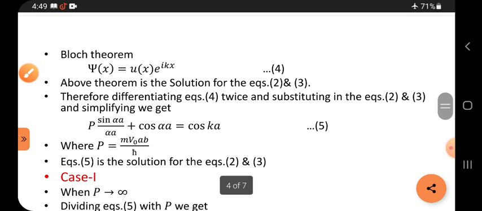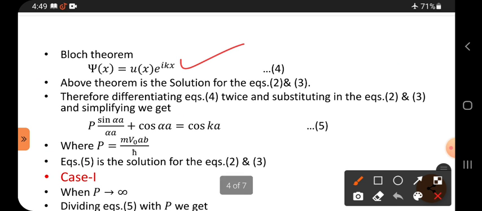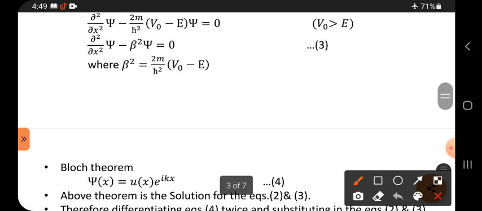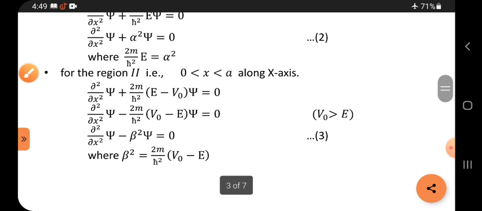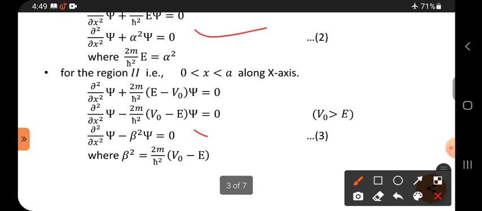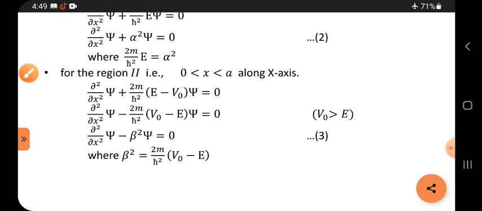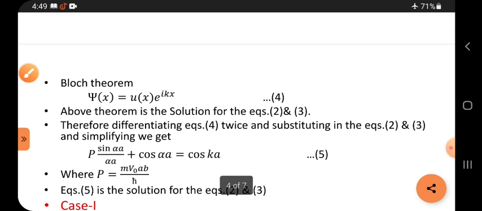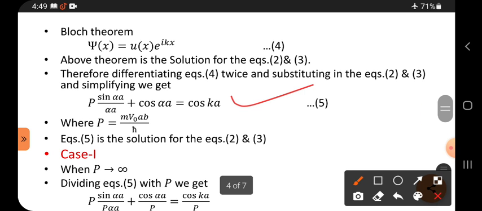So after differentiating twice and substituting in equations 3 and 2, and then simplifying, we get the fifth equation.